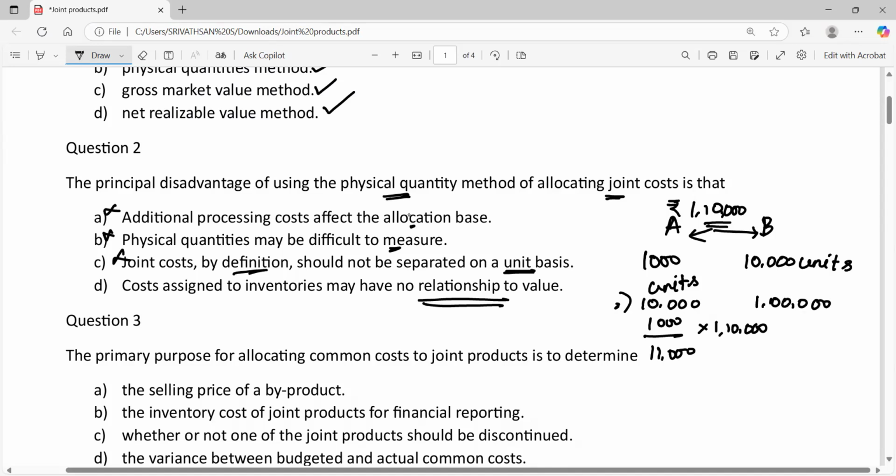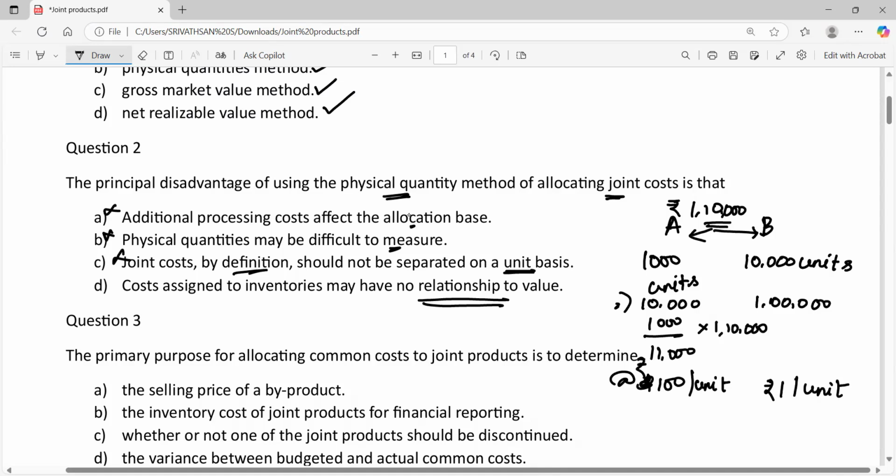Now, what is the problem with this method? For example, let's say product A can be sold at a price of, say, rupees 100 per unit. So this is the market value or the selling price of product A. But product B can be sold at a price of, let's say, rupees 1 per unit.